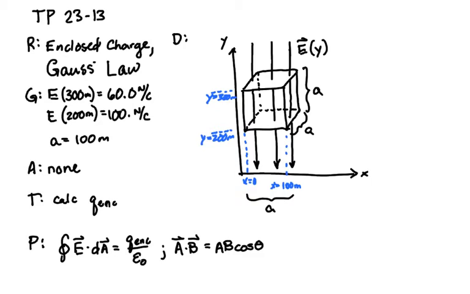So when we look at this, we have the closed surface integral of our electric field vector dotted with our differential area vector. Okay, so when we say closed surface, that means you have to look at the differential area vector pointing in every direction on that surface.